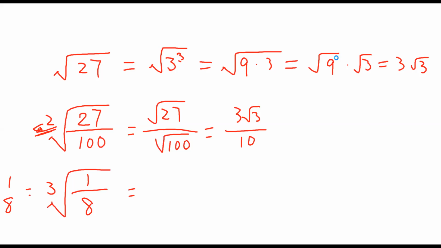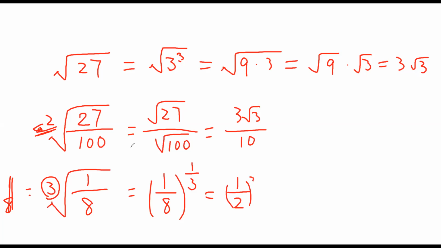This 3 means the exponent becomes a fraction like this one. We taught the exponent earlier. This one we can rewrite as 3, right? Is it correct?